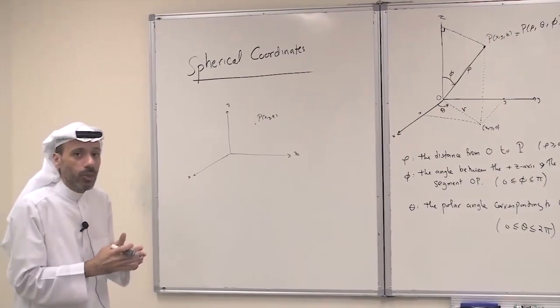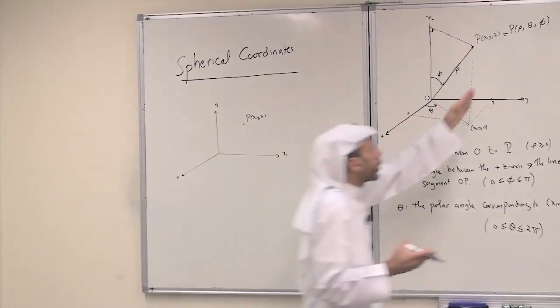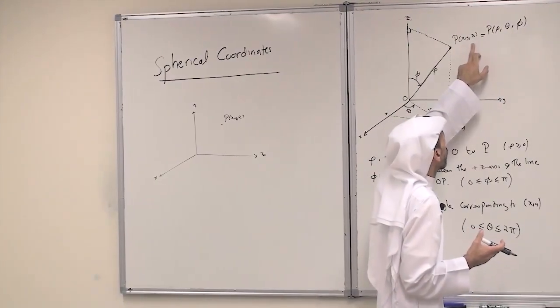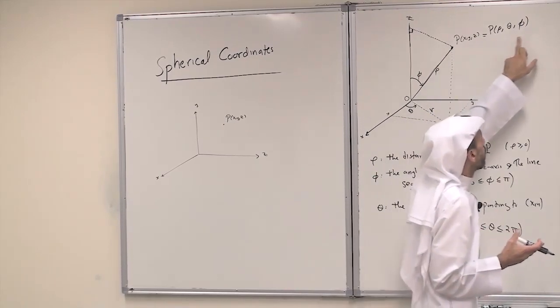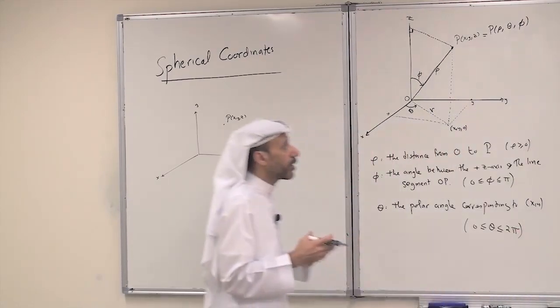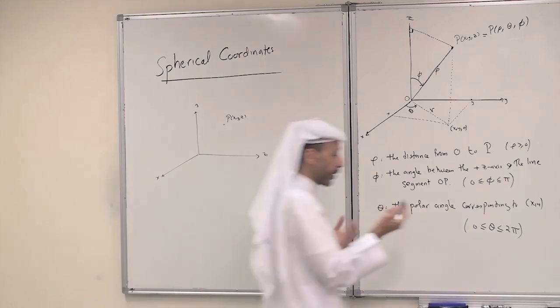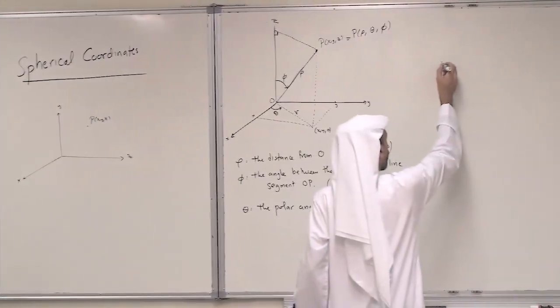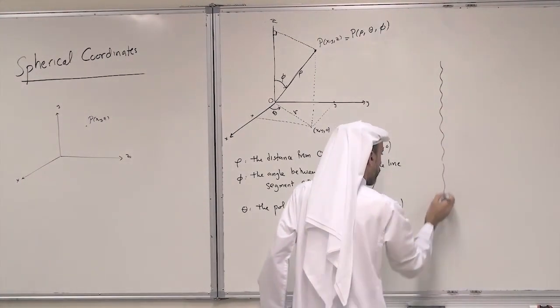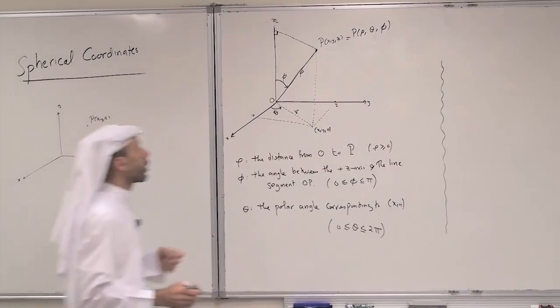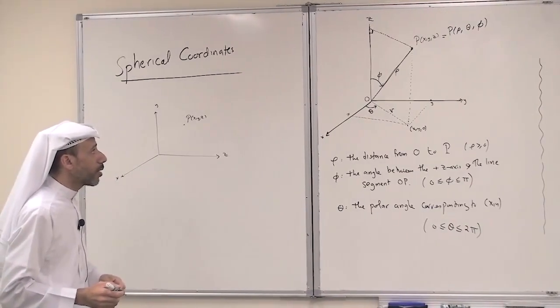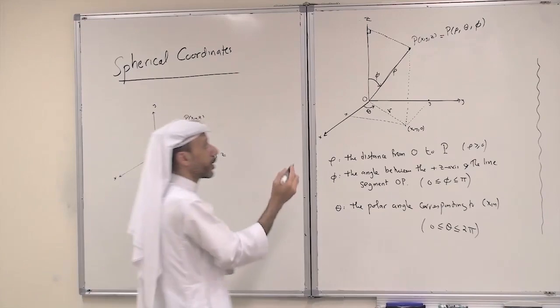Now, as usual, it is nice to find a relation between the rectangular coordinates of the point and the spherical coordinates. So let's see how to find the relation between the two. From the graph here, we can find the relation between them.